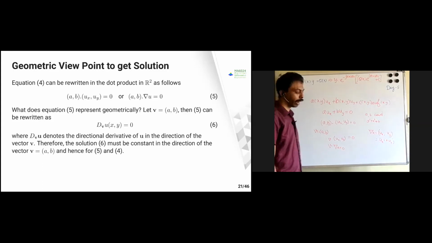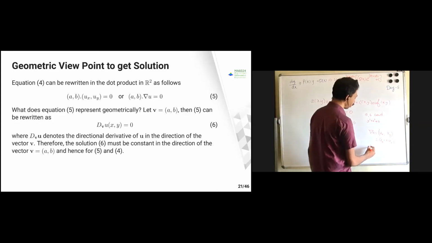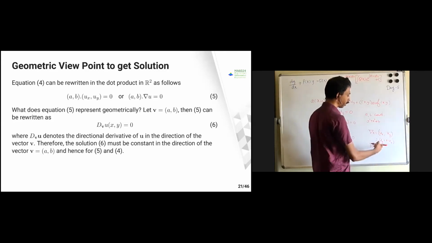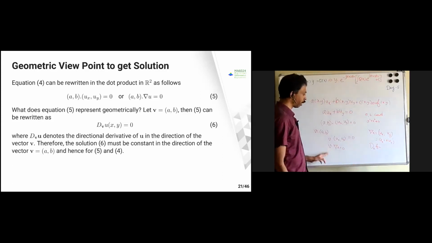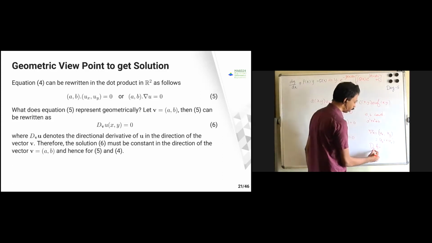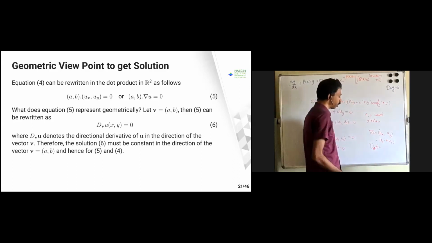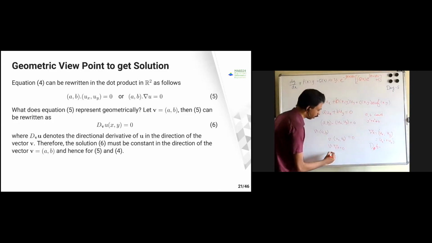Again we have seen what is dv of u. Suppose v is equal to some a comma b, then a ux plus b uy will come. I think we have seen dv in the last class also. So this is the same as dv of u equal to 0.